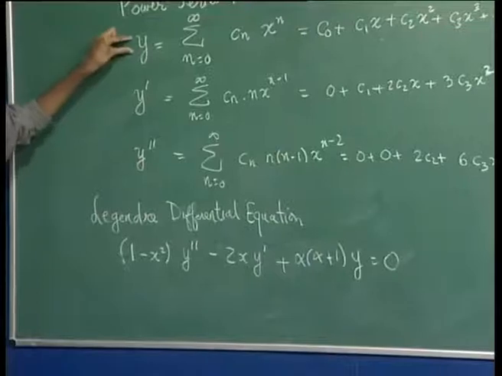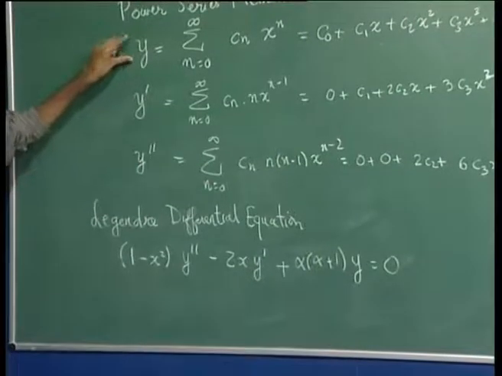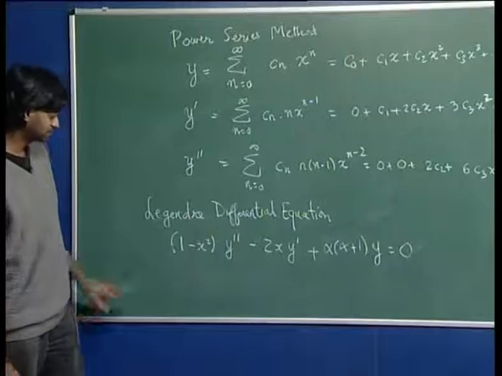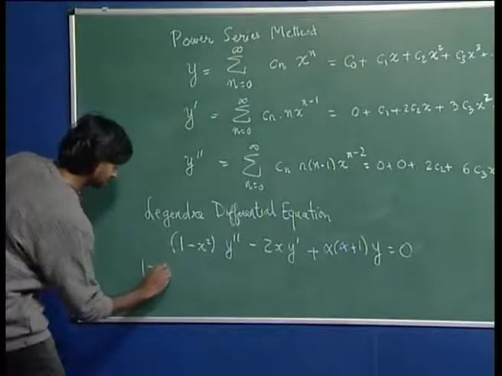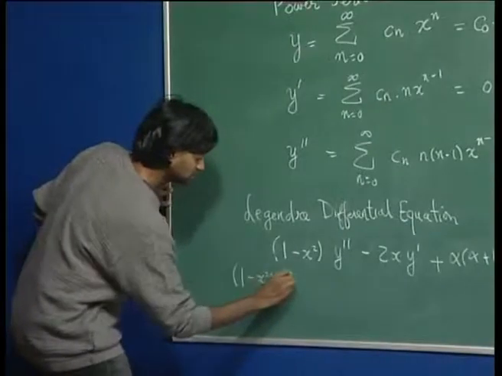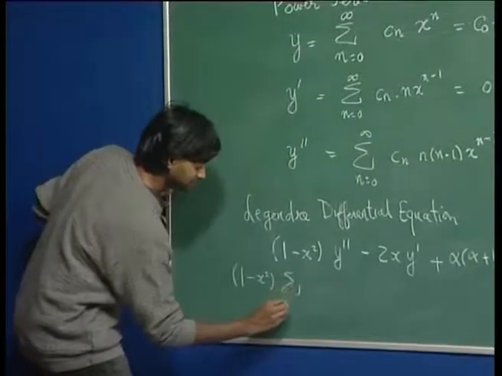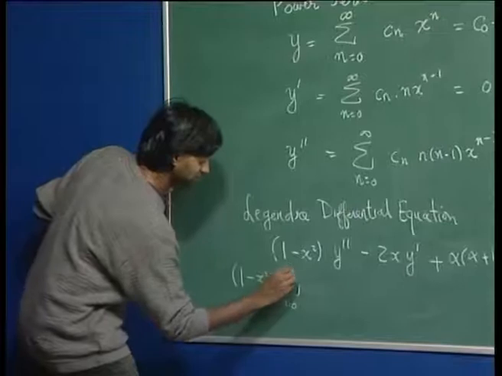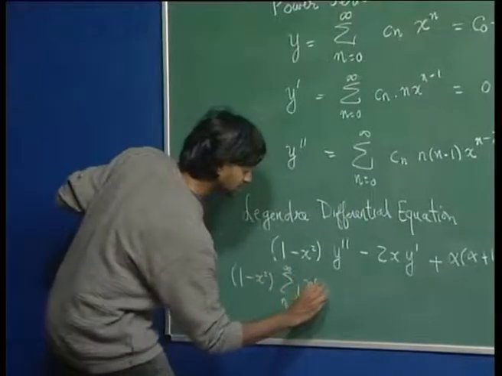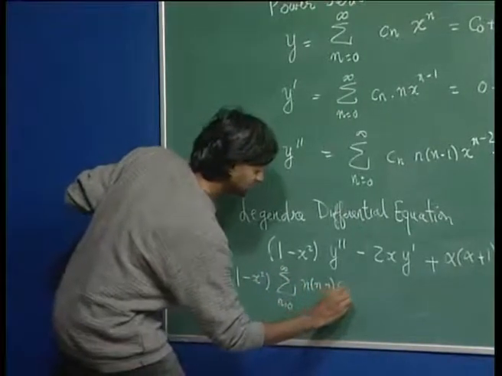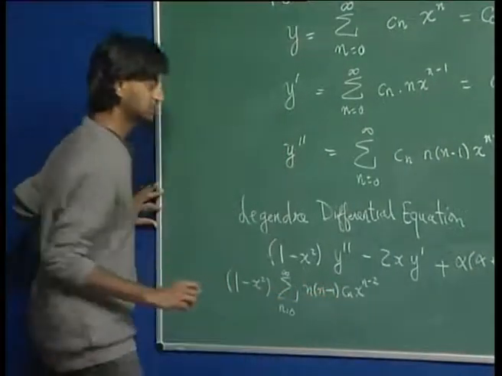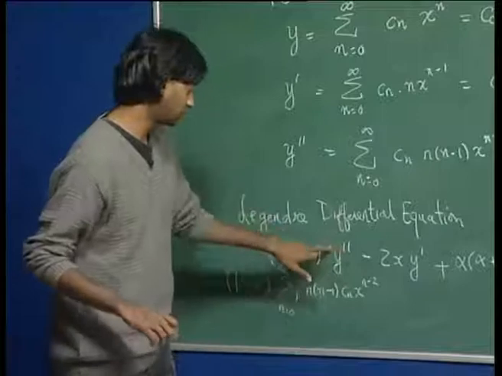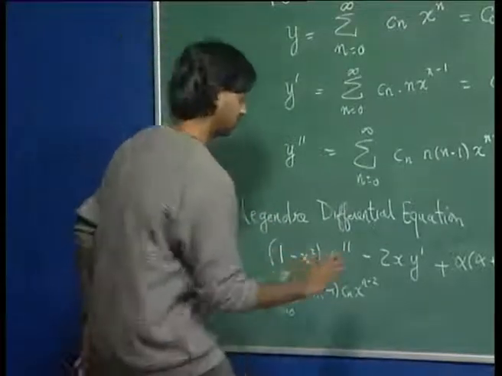So, now if I take a trial solution of this form and I substitute in this equation, okay, then the first term will become (1 minus x square) sum over n equal to 0 to infinity n (n minus 1) C n x raised to n minus 2. Okay, so, that is this term. So, for y double prime I substituted this.